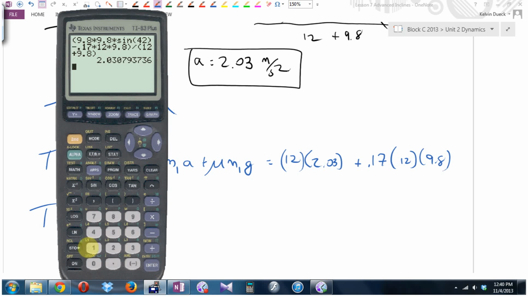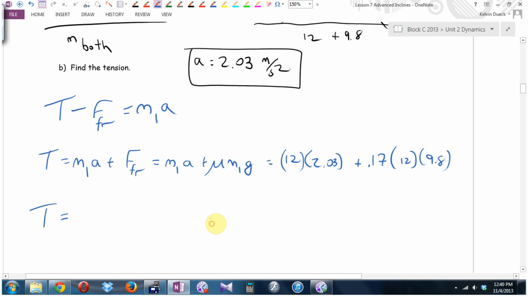I think the tension is going to be 12 times that plus 0.17 times 12 times 9.8. Double check. Did I type that in right? That looks good to me. Do you get 44.36? Yeah? 44.4?